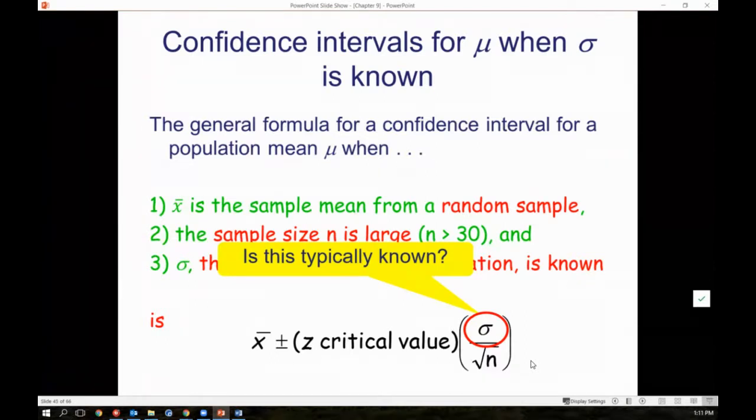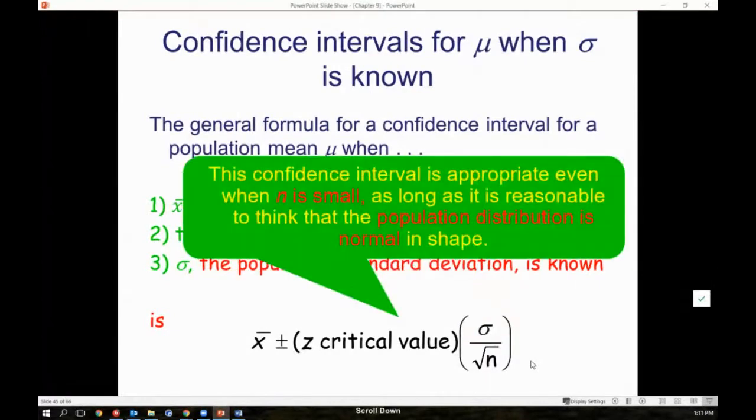So typically that's not known, but in some cases it will be. The confidence interval is appropriate even when n is small, as long as we can assume the population distribution is normal in shape.